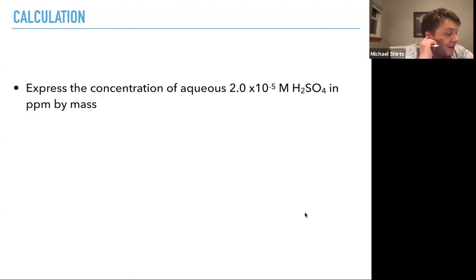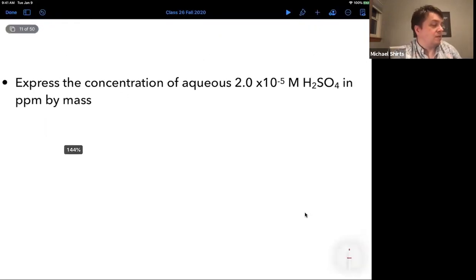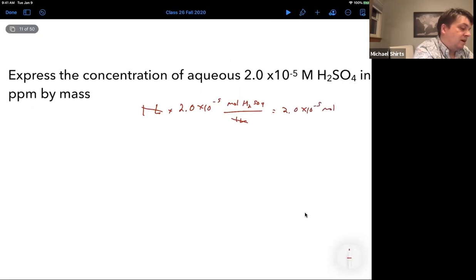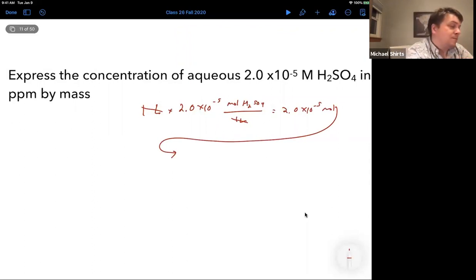by mass. Well, in this case, let's again pick 1 liter. So I have 1 liter times 2.0 times 10 to the minus 5th moles H2SO4 divided by 1 liter. And that gives us 2.0 times 10 to the minus 5th moles. But then we're doing this by mass, parts per million by mass.